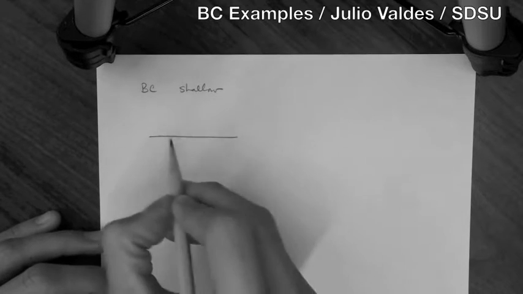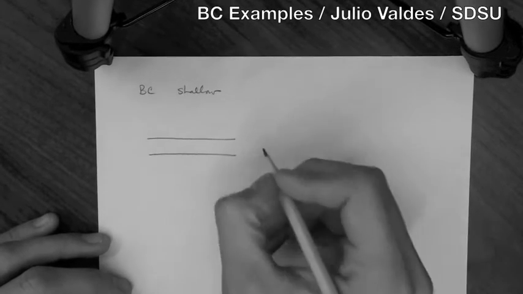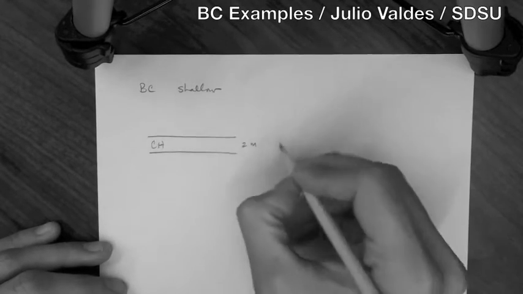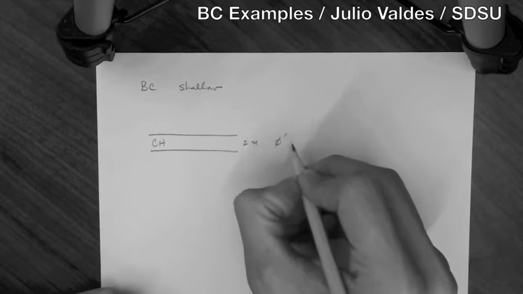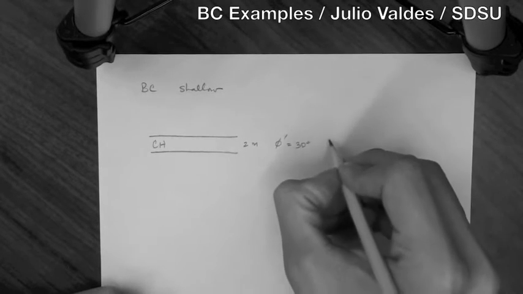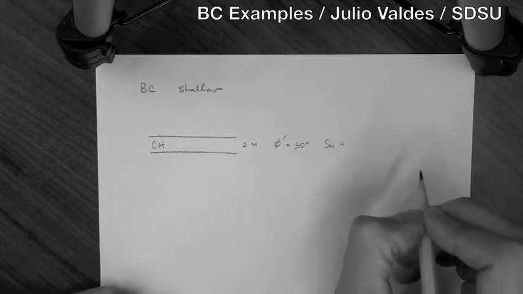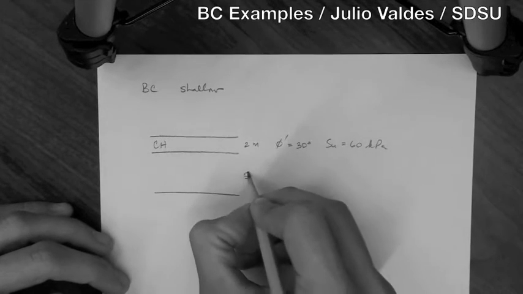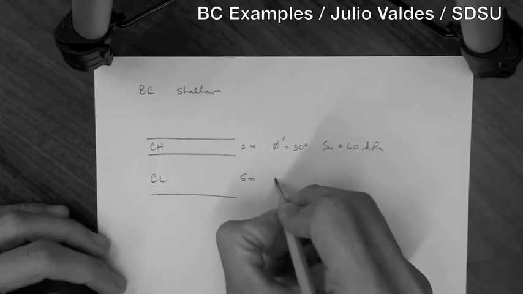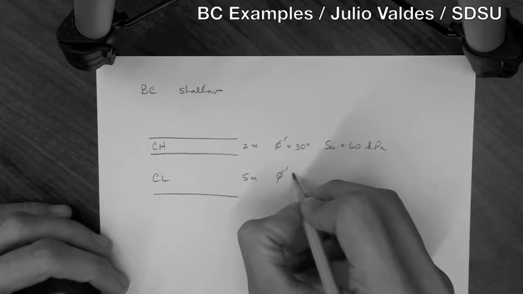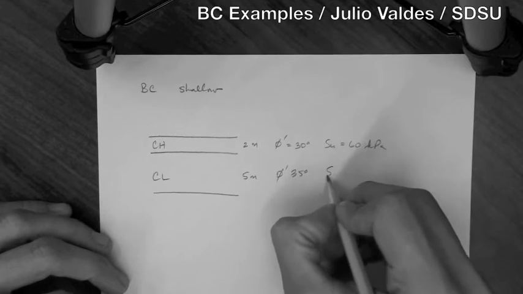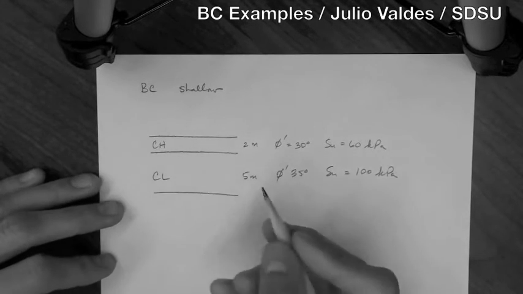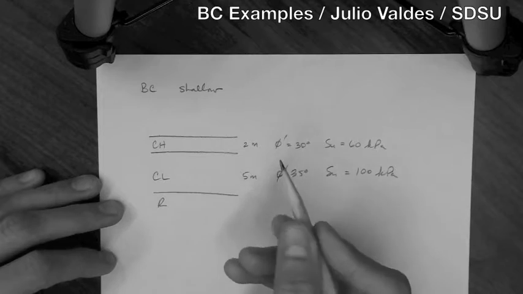Let's say we have 2 meters of clay with a phi of 30 degrees and SU of 60 kPa, and we have 5 meters of a low plasticity clay with phi equals 35 degrees and SU equals 100 kPa. And let's say this is over rock, okay?